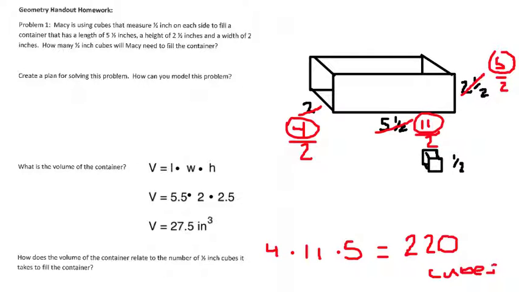The other way that you could solve this problem is by taking the volume of the larger container, taking the volume of the smaller cube, 1/2 times 1/2 times 1/2 is 1/8, and then dividing the two, and that will also give you 220 cubes.